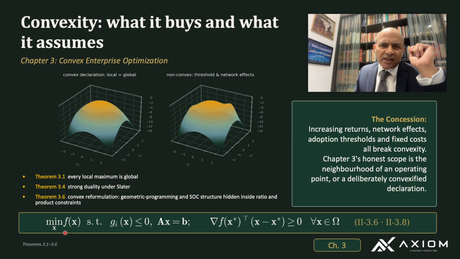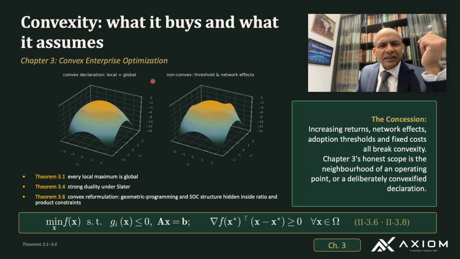Convex enterprise optimization problems, in this case, we are minimizing f of x over x subject to g sub i of x being negative, and Ax equals b.